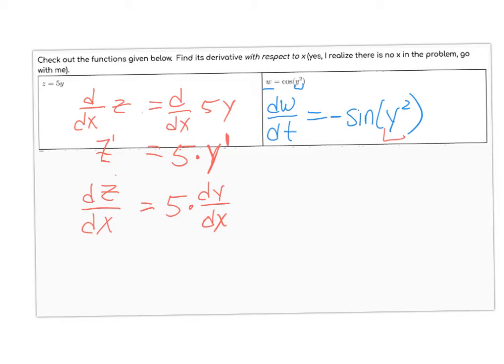So the derivative of y squared, and I'm going to think about this as like f of x, the whole thing squared, would be 2 times y to the first. And then we have to do another chain rule. We have to multiply this by the derivative of whatever is on the inside here. And the derivative of y with respect to x, I don't know why I did t there, is going to be dy dx.